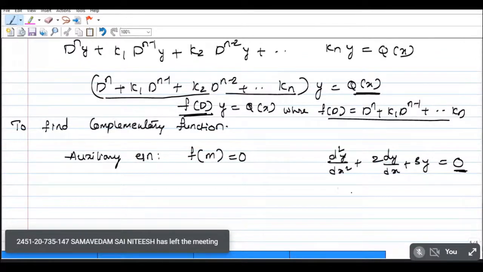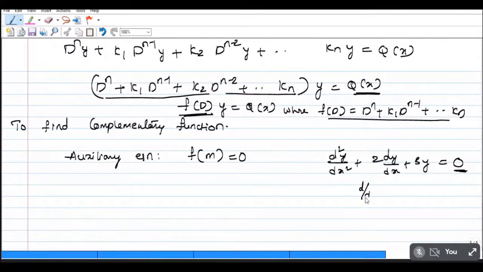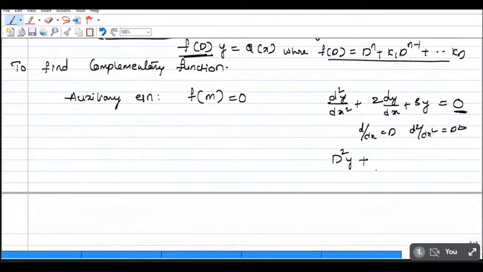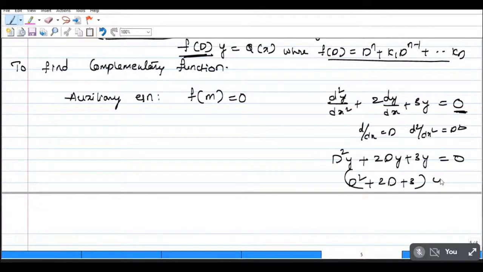Denoting d/dx by D, this becomes D^2 y + 2D y + 3y = 0. Taking y common: (D^2 + 2D + 3) y = 0, which is in the form f(D) y = 0.